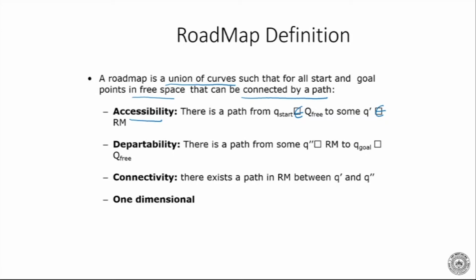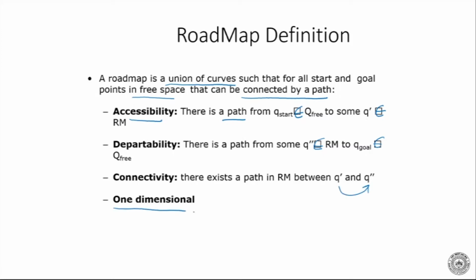So accessibility: there is a path from the start point which will join the roadmap. Departability: there is a path from the Q double dashed on the roadmap to the goal. So from Q dash it has joined at Q double dashed. Now from Q double dashed, which belongs to the roadmap, to the goal, there is a free path. And connectivity: there exists a path in the roadmap between Q dashed and Q double dashed.